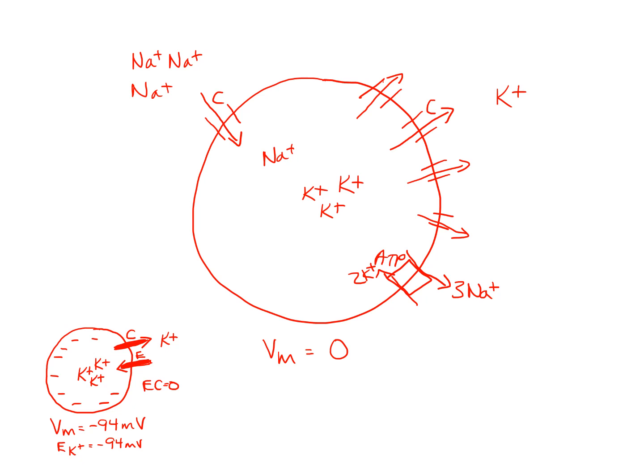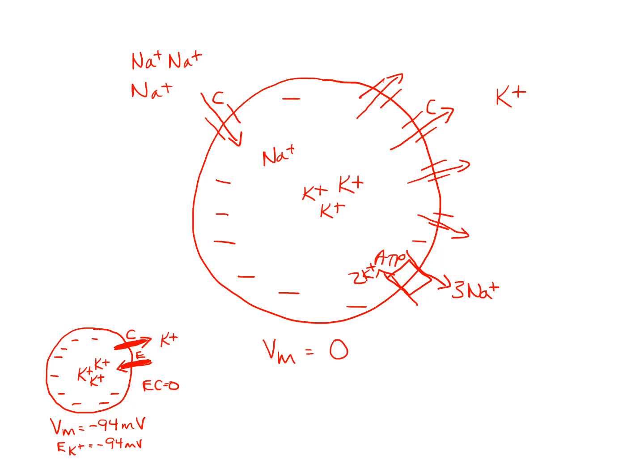So our charges are not balancing anymore, are they? Okay, we've got a lot more positive charges leaving with our potassiums than coming in with the sodium. And so we're going to start to end up getting negative charges inside of our cells. Okay, because there are some proteins in here that are inside the cell, because there's lots of proteins inside cells, and the proteins have negative charges on them, and they can't leave the cell, so they're in there.